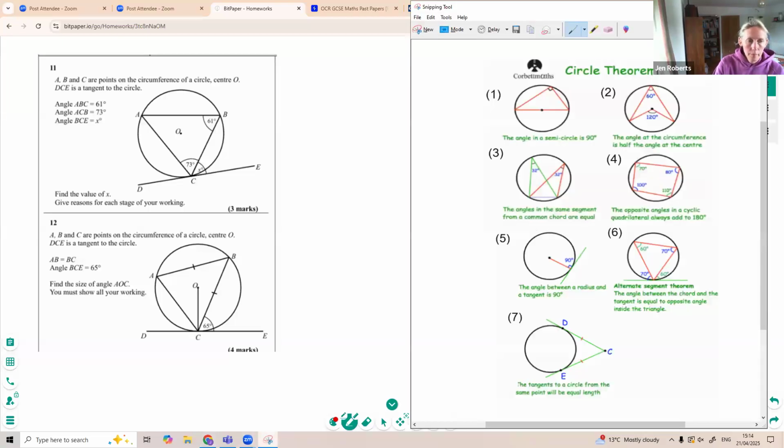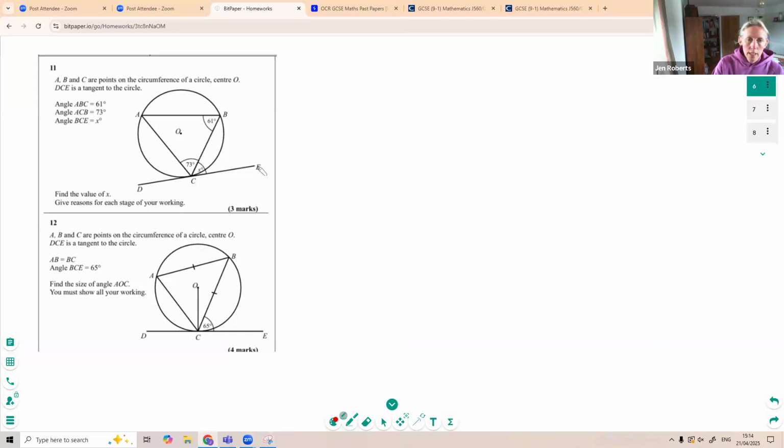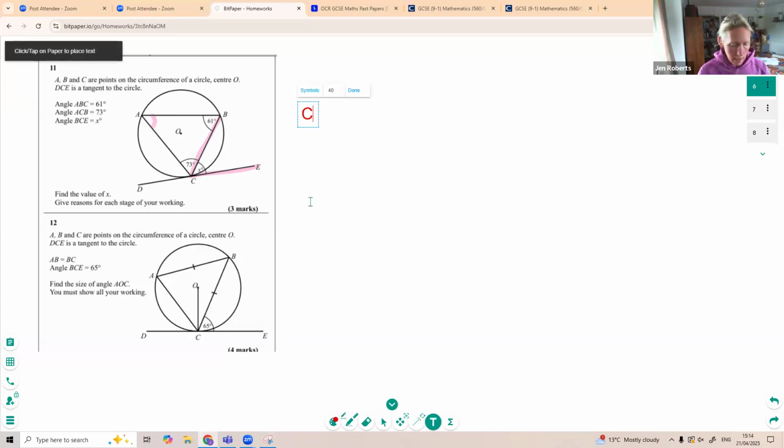Question 11. Find the value of x. You can see this will be using the alternate segment theorem. And I can also see that ECE is the same as this opposite angle here. So that's x unknown. I can also see this triangle here. Angles in a triangle add up to 180, right? So we can say CAB equals 180, take away 61, take away 73, which is 46 degrees.